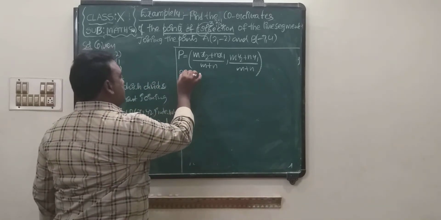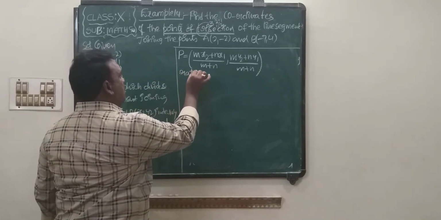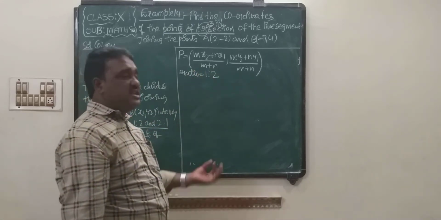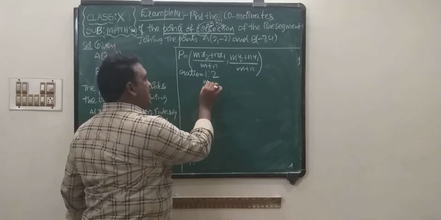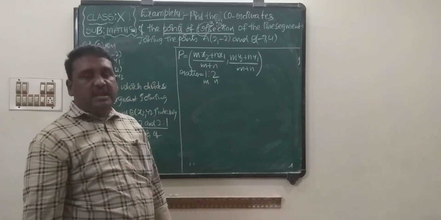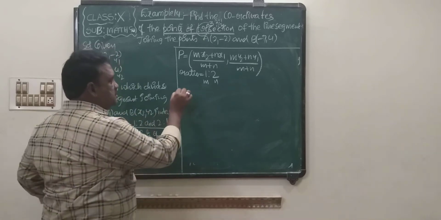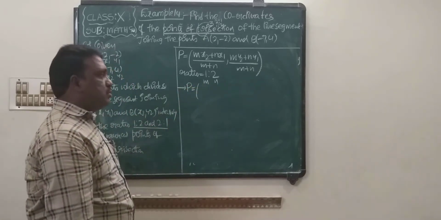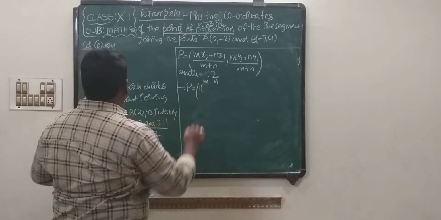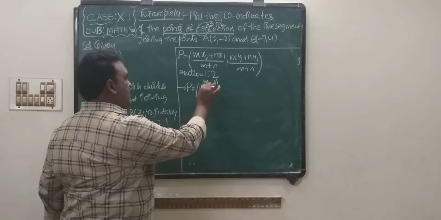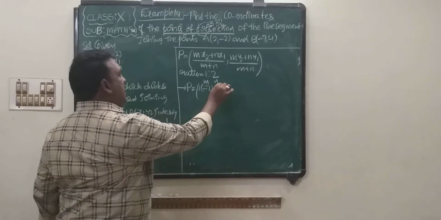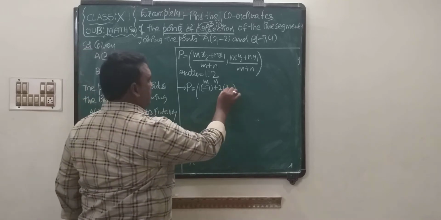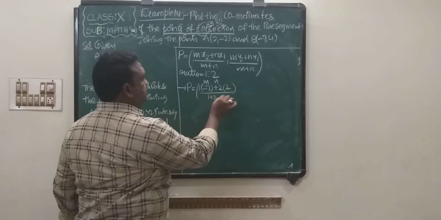Then first, the ratio can be either 1:2 or 2:1. My choice is 1:2. Let it be m:n. Then substitute: P equals mx2, m means 1, x2 is -7, plus nx1, n means 2, x1 means 2, by 1 plus 2.